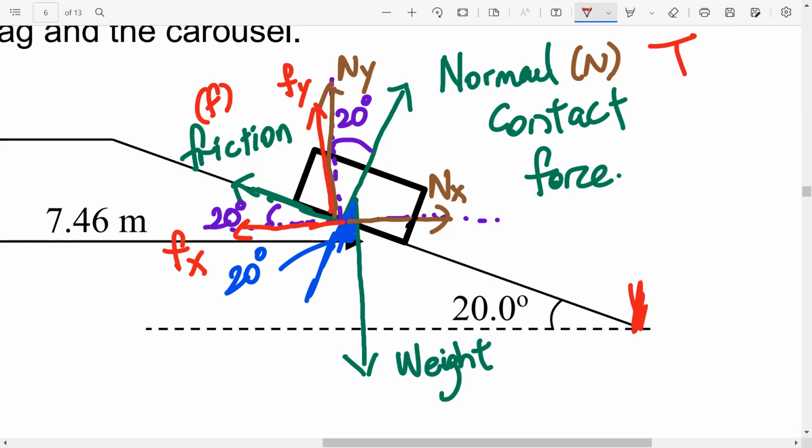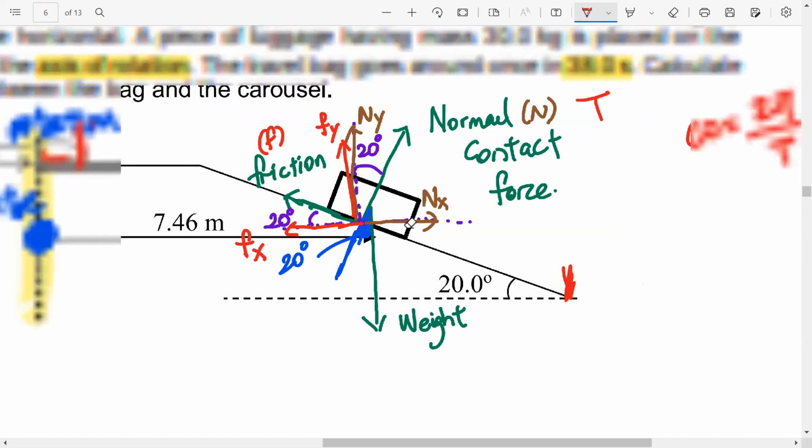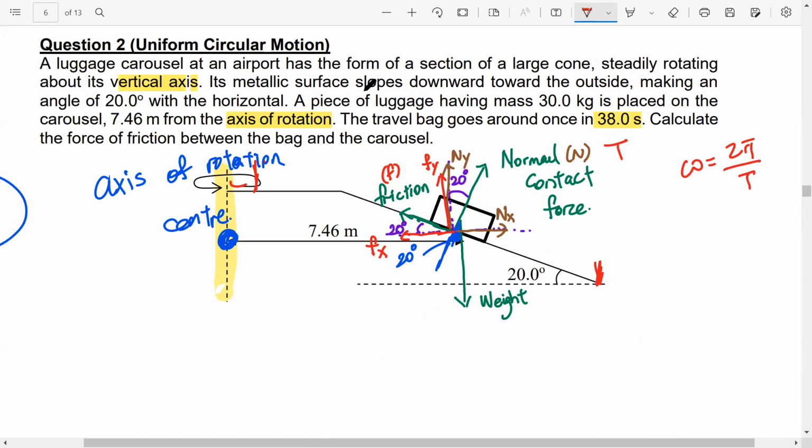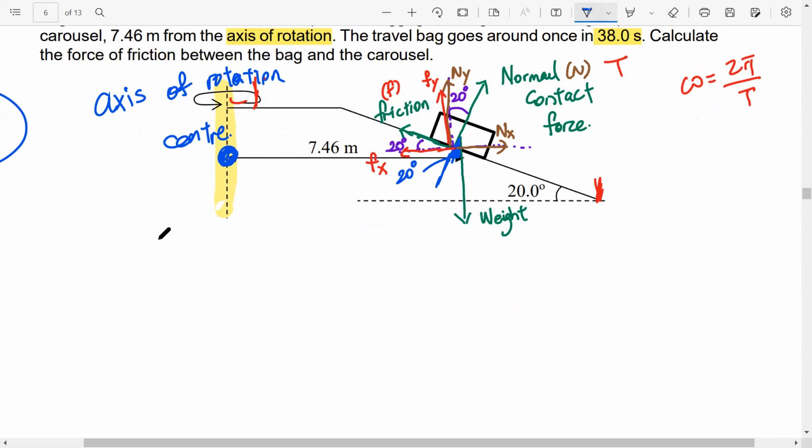I'm going to zoom out here. To continue, because in the vertical direction the resultant force is 0, we can say that Fy plus Ny must be equal to the weight.